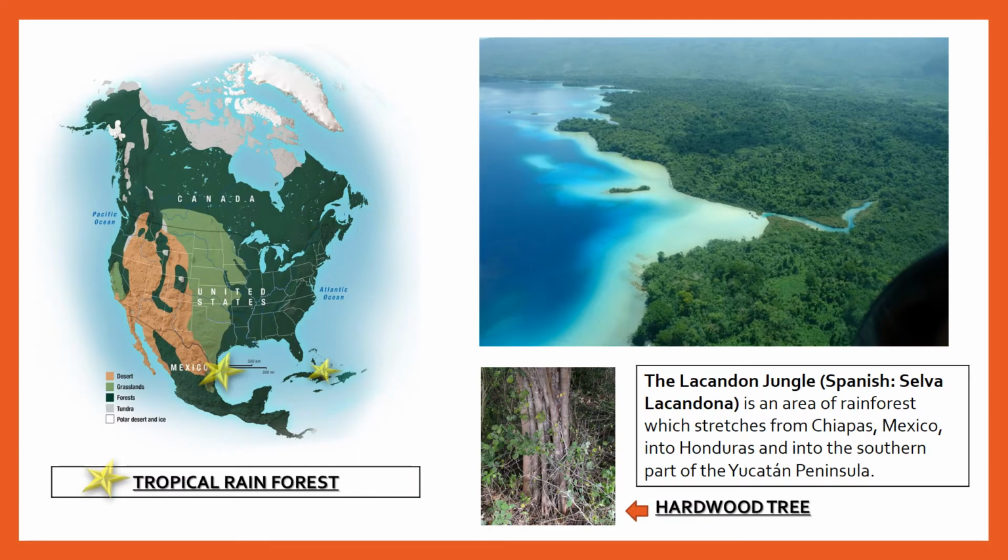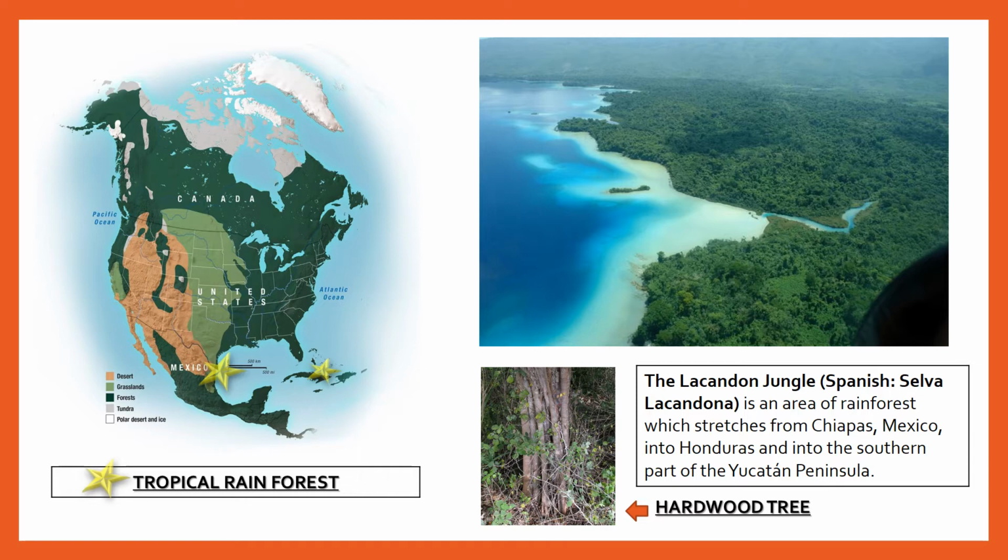The southern part of Mexico and the West Indies region have the tropical forest. The tropical forests are very wet places and they receive more than 200 centimeter rainfall per year, either seasonally or throughout the year.